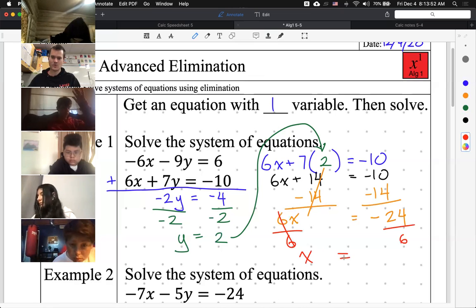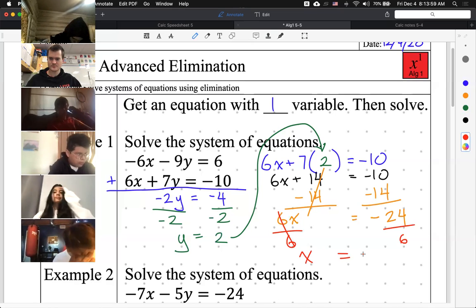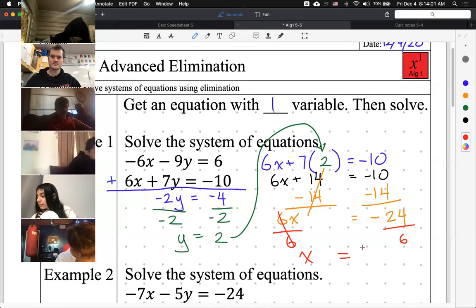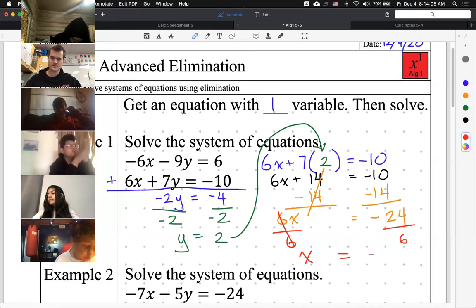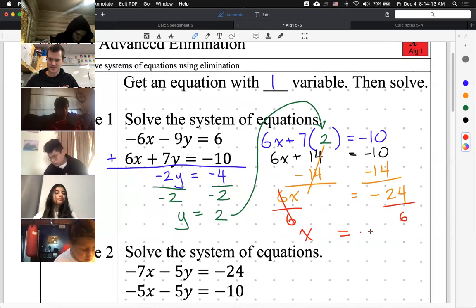X is equal to what, Braden? -4. There it is. -4.